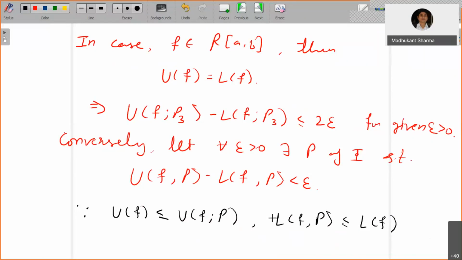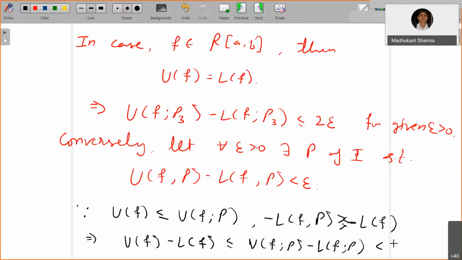So that implies U of f minus L of f is certainly less than or equal to U of f,P minus L of f,P, which is less than epsilon, and this is greater than or equal to 0.